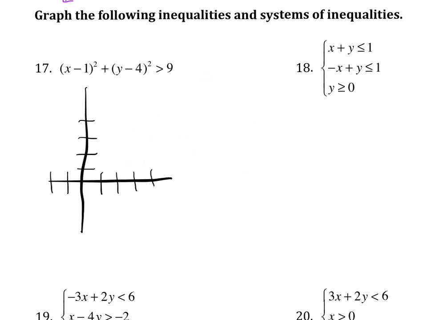For number 17, we want to graph the inequality. So we can tell that number 17 is a circle with a center at 1, 4. And it has a radius of 3, so we want to go out 3 in all directions.